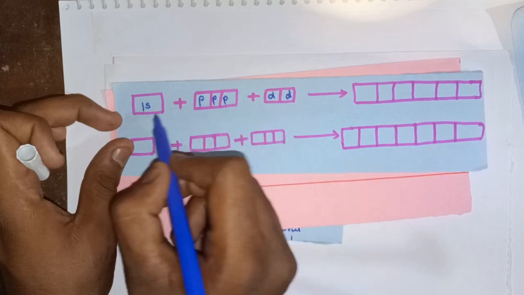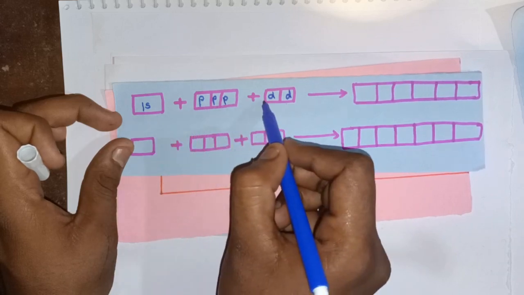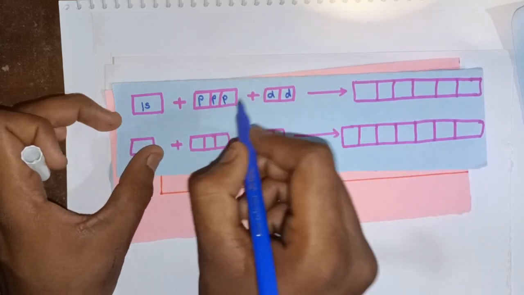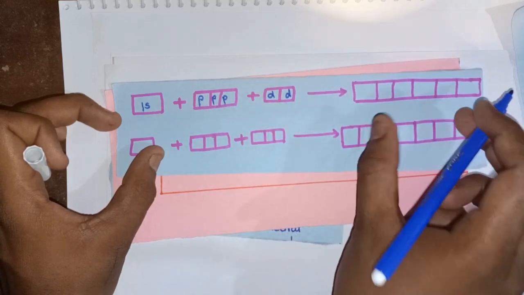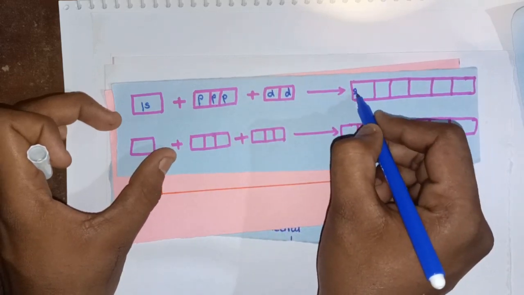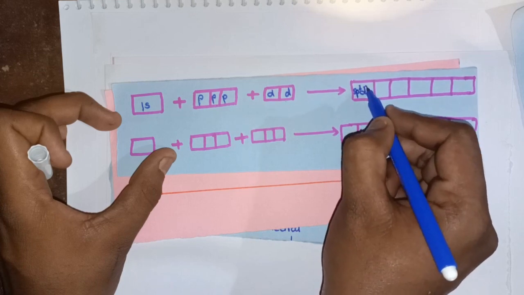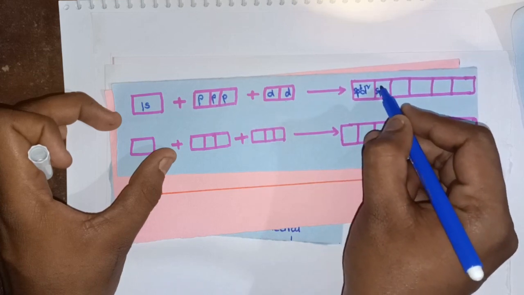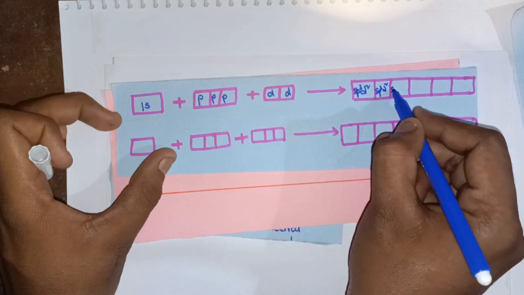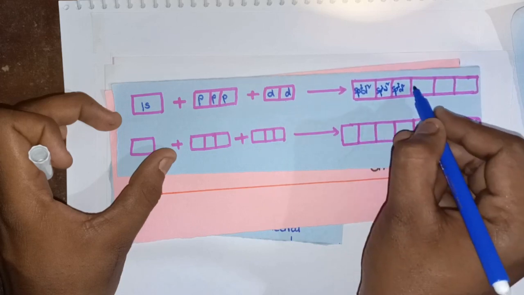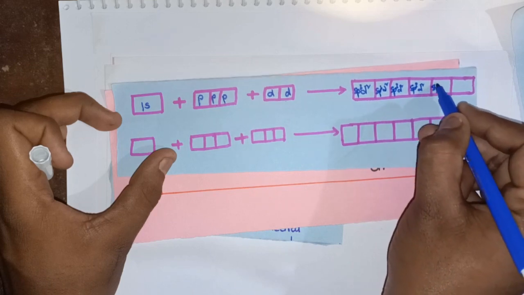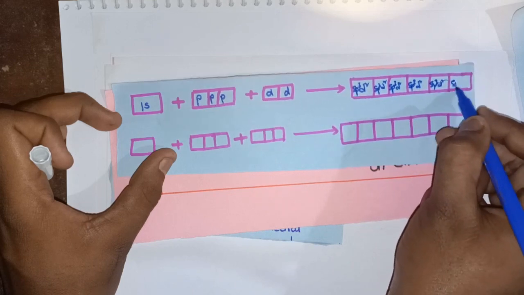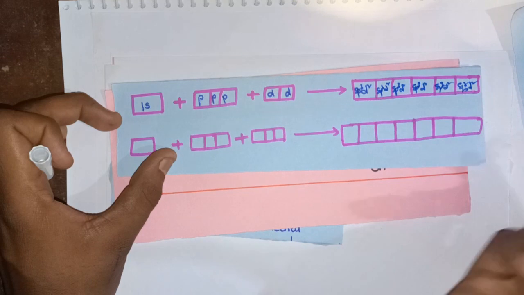How many orbitals? 1, 2, 3, 4, 5, 6. 6 intermixing orbitals, so 6 hybrid orbitals are formed: sp3d2 hybrid orbitals.